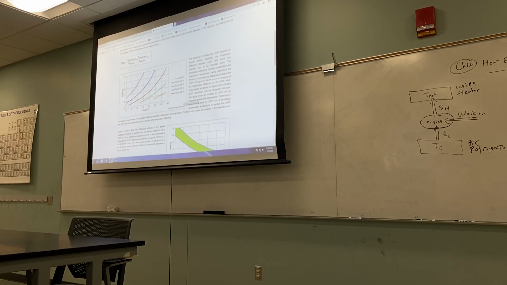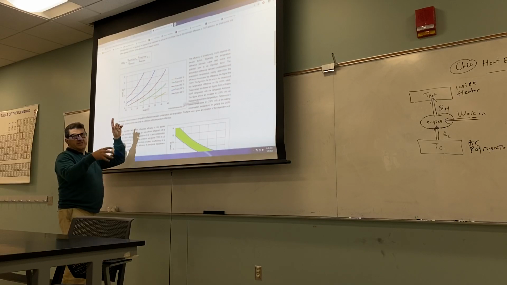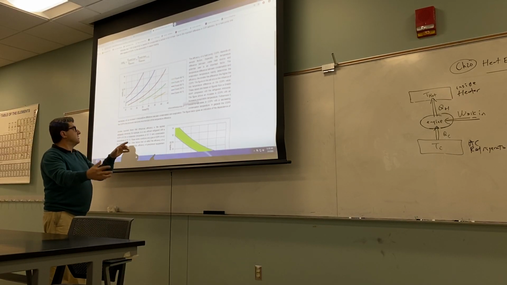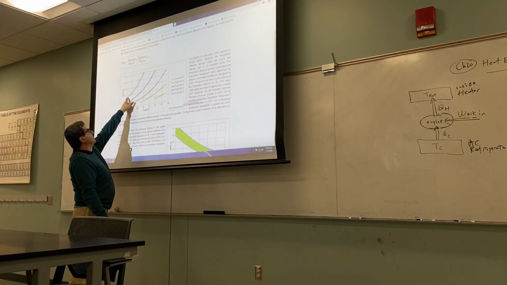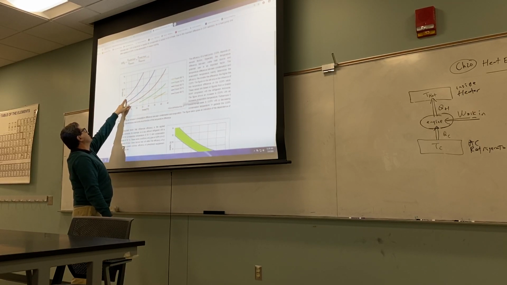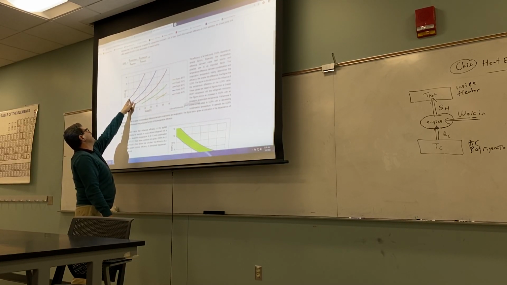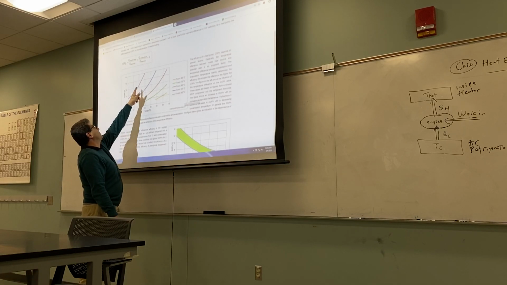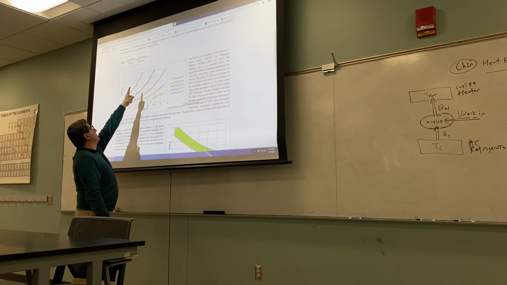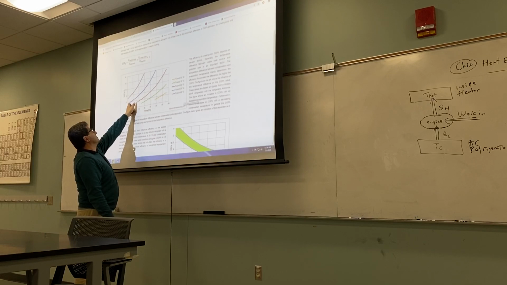You can kind of see, depending on the temperature of the inside and the outside, what the coefficient of performance is going to be. So it tends to range from about maybe 7 all the way up to potentially 14.